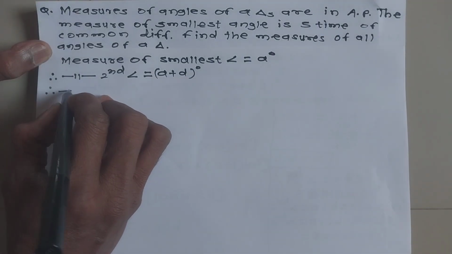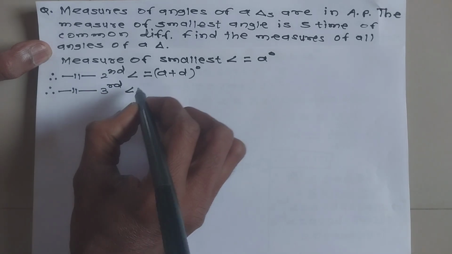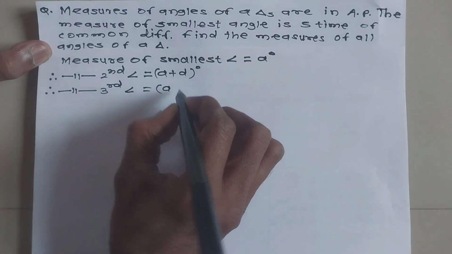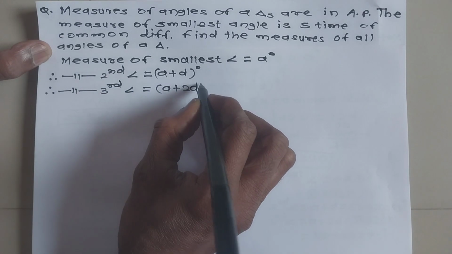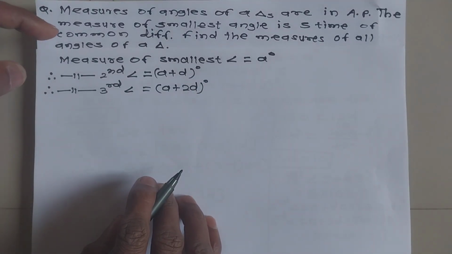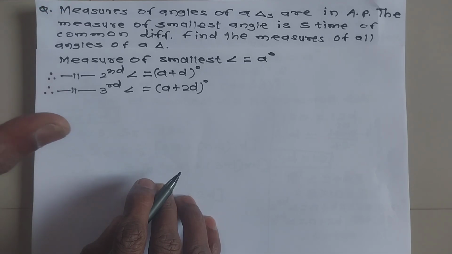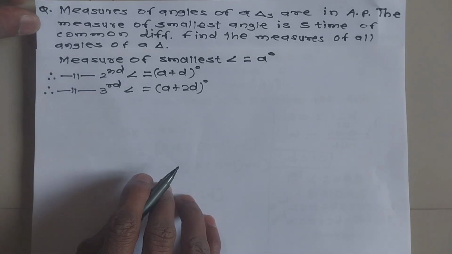Therefore, the measure of the third angle is equal to a plus 2d degree. This way we first write the measures of the first or smallest angle, then second, third, because every triangle has three angles, and therefore we write this way.